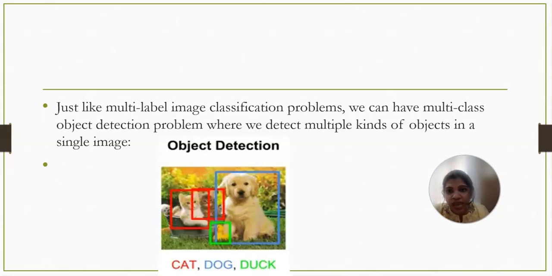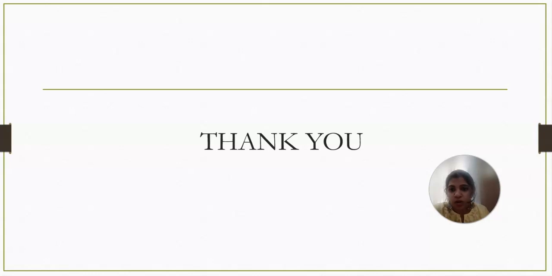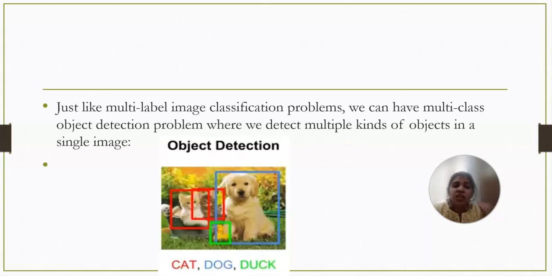There are two cats, so two cat images with bounding boxes, a big dog image, and a very small duck. So your bounding box, according to the size of the object, defines the localization, right? So this is the basic difference between object classification and object detection.